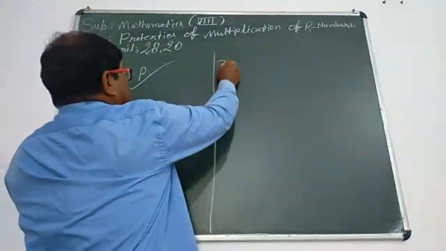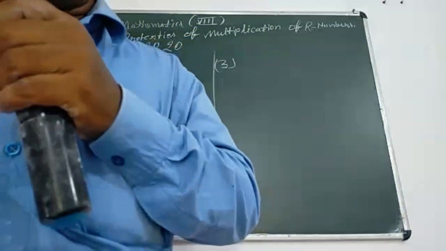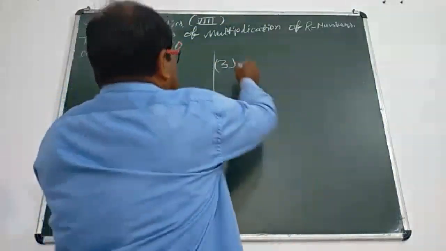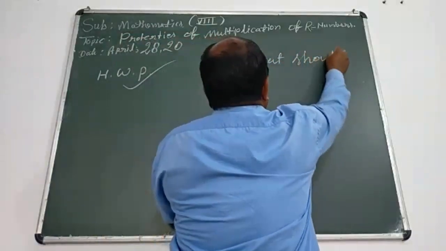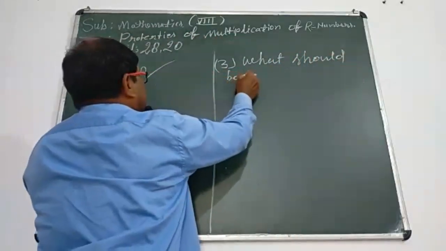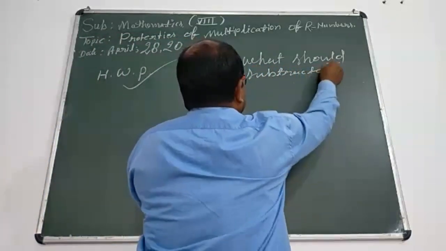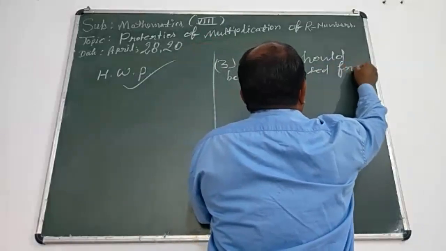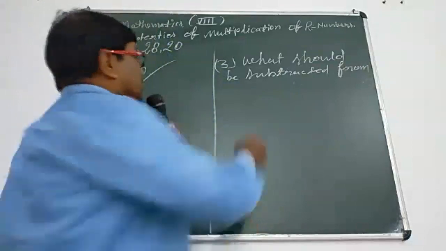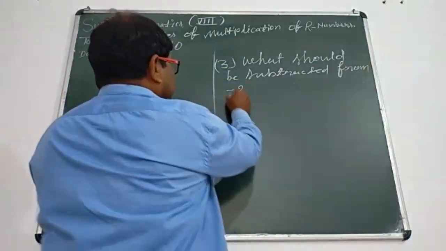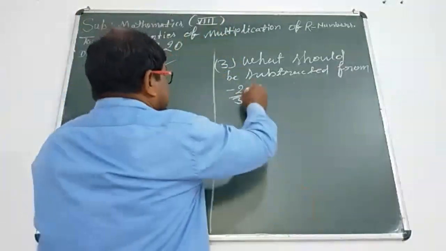Problem number 3. What should be subtracted from minus 2 upon 3 to get minus 1 upon 6?